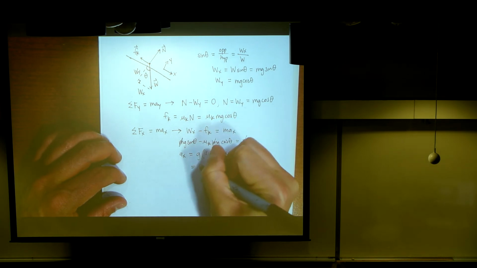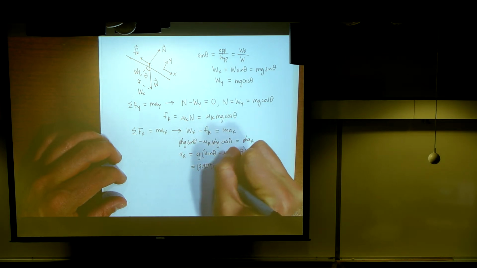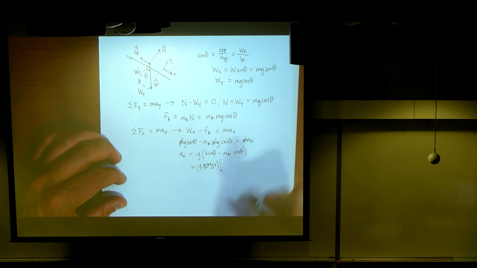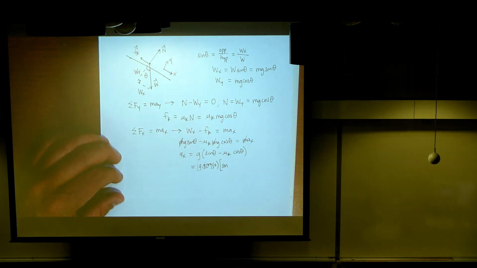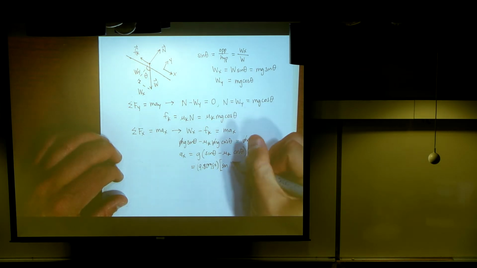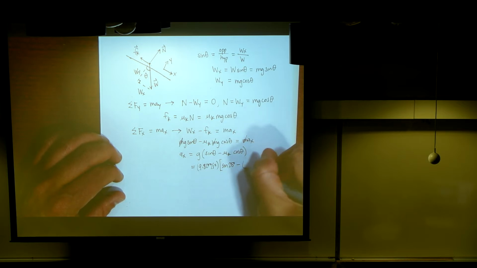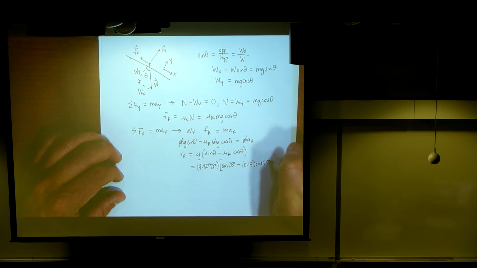So g is 9.8 meters per second squared. What was the angle of the ramp? That's what I'm going to plug in here. We have sine of the angle. What was that again? 25 degrees. Then we have minus mu k, which is 0.15, and then cosine of our 25-degree angle.